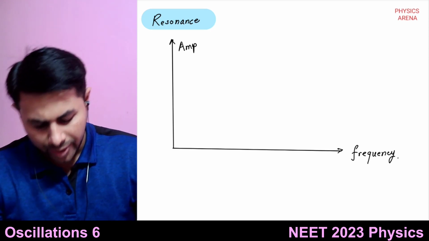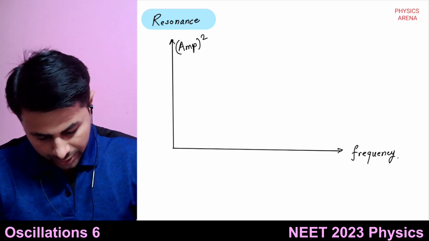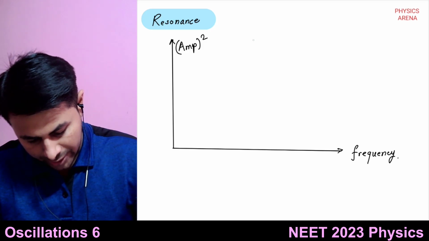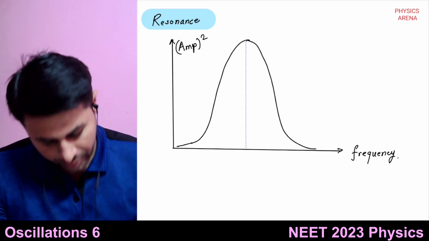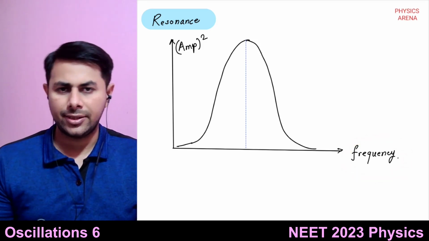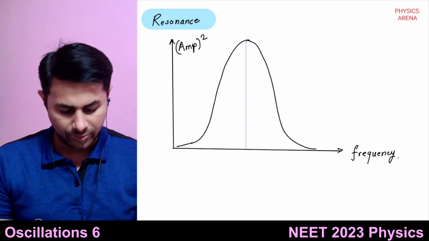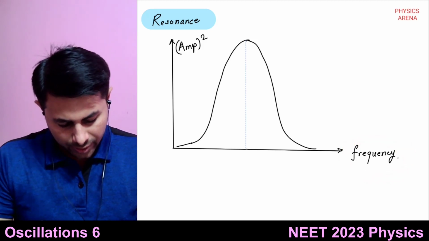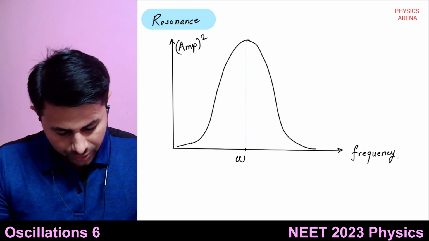It's a bell-shaped curve. Actually, we plot amplitude square versus frequency. So it is a bell-shaped curve. And what is this frequency? This is the frequency of the external periodic force. So when the natural frequency of the body, let's call it omega 0.